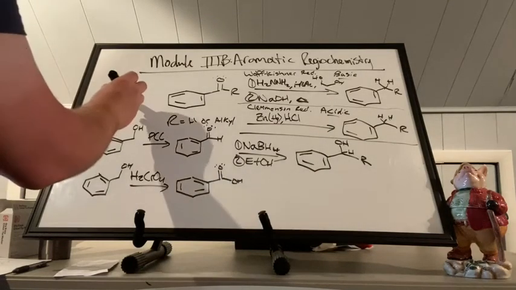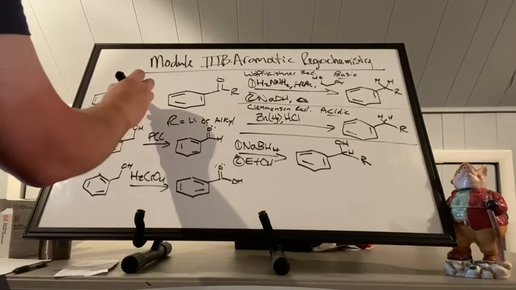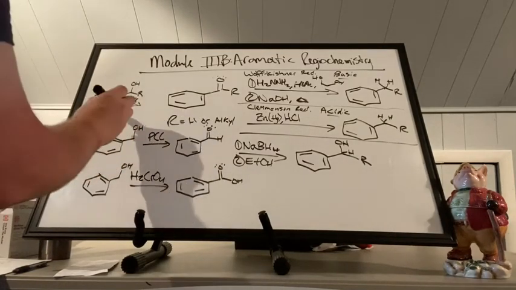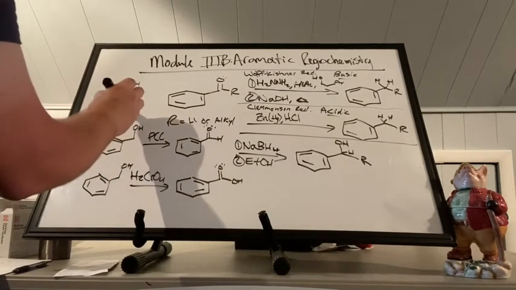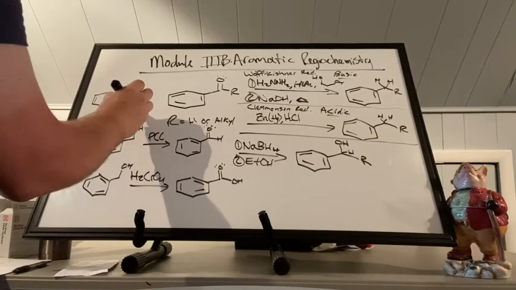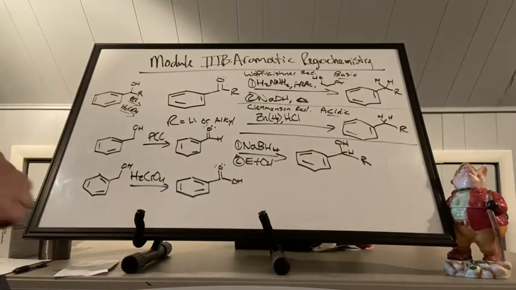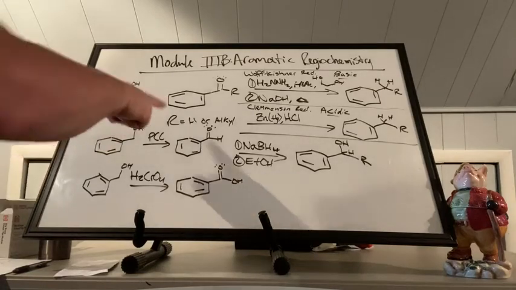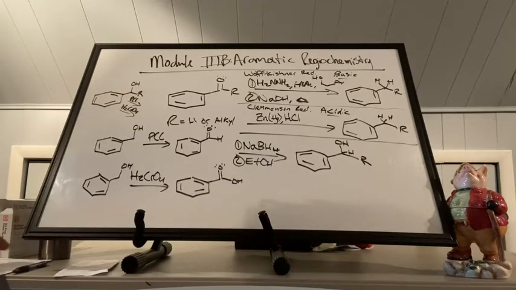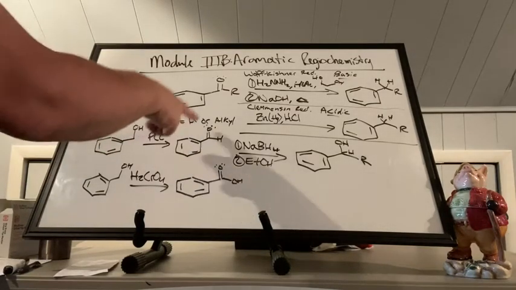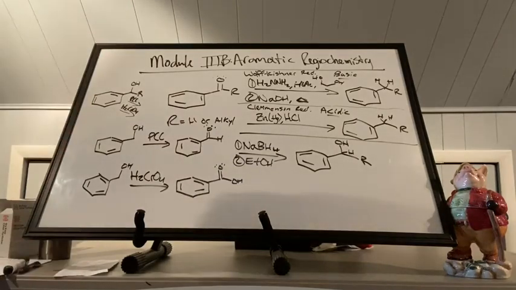So PCC and chromic acid are going to yield, and at this point I hope you guys know that this is just H or an alkyl chain, whichever.